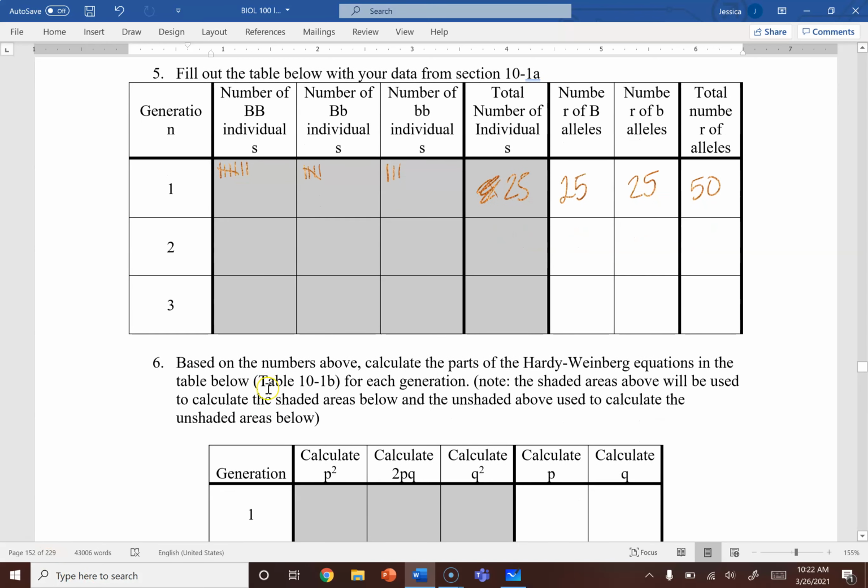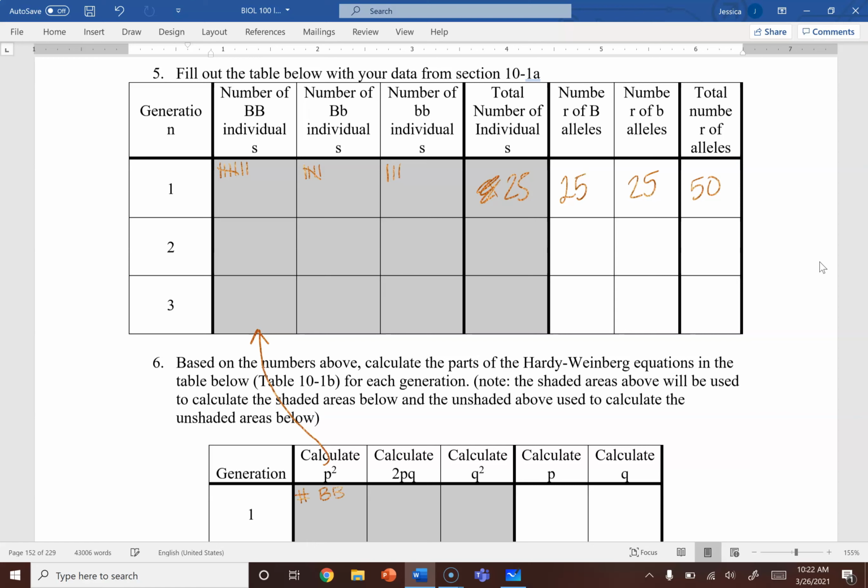Then you are going to use the information in the top table to calculate the bottom table. So remember that p squared is equal to the frequency of individuals that are homozygous dominant. So you are going to take the number of BB individuals divided by total number.